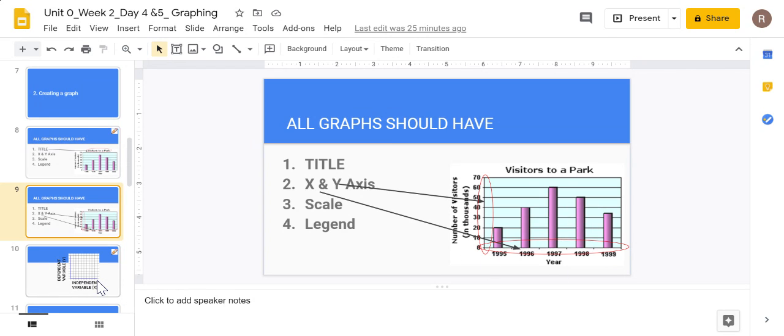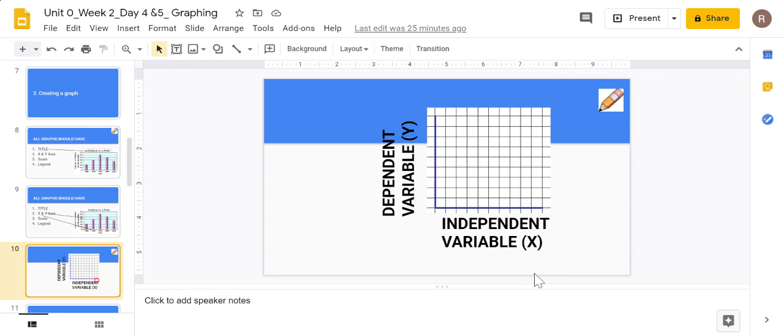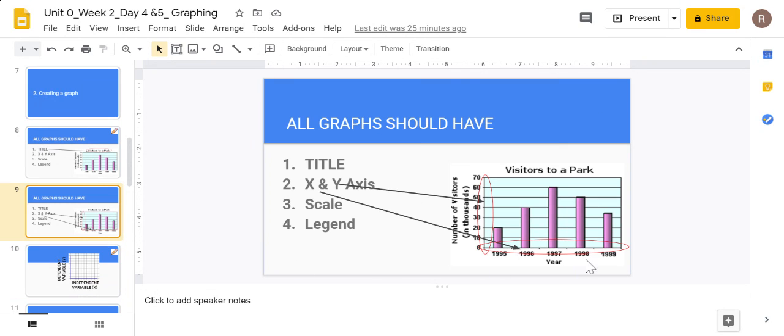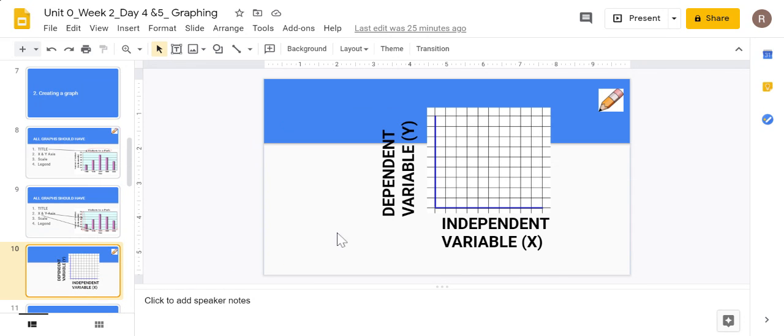That's our independent variable, just as we saw here. I'm sorry for that mistake. Okay, our independent variable is here. Independent variable, what's changing? We're changing the year that we're recording our measurements. The number of visitors is what we are measuring. Again, sorry for that mistake, that is what we're measuring, and therefore that is the dependent variable on the y-axis. Okay.